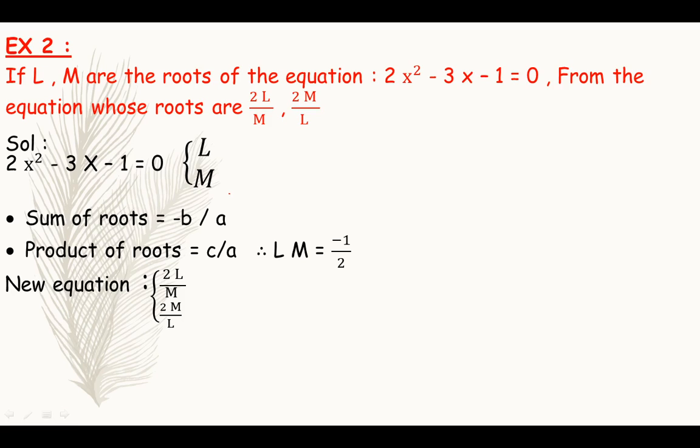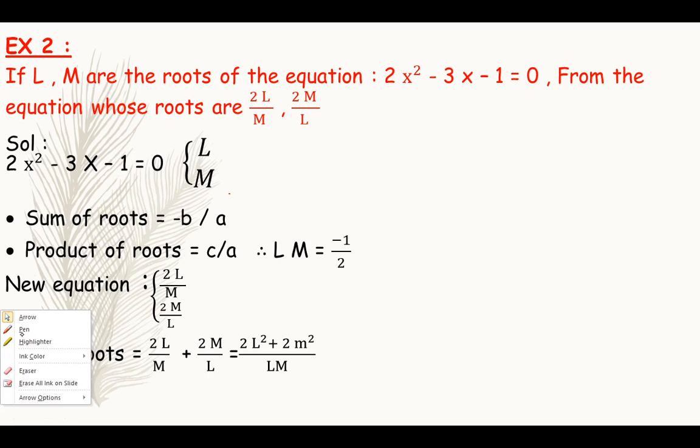The new equation has two roots, 2L over M and 2M over L. Sum of roots: 2L over M plus 2M over L. Here again is one of the important steps, how to add two fractions together. We are going to multiply the denominators, LM. 2L multiplied by L is 2L square, and 2M multiplied by M is 2M square.